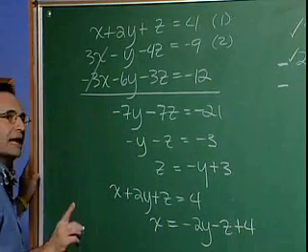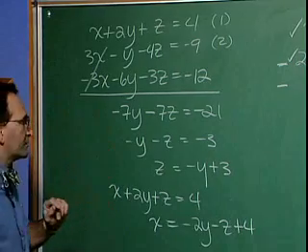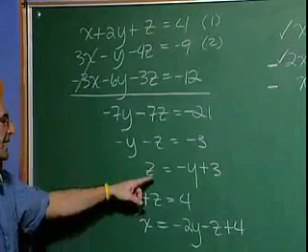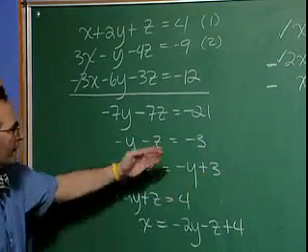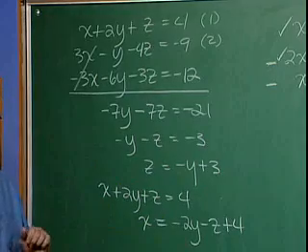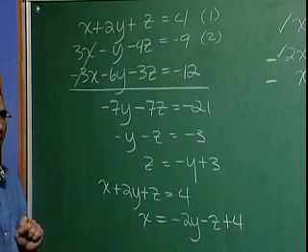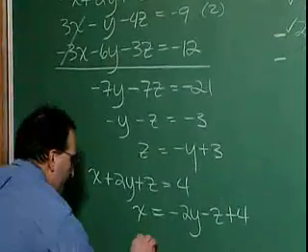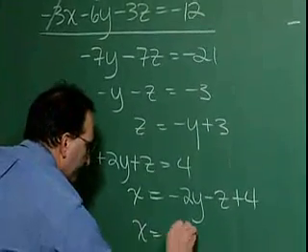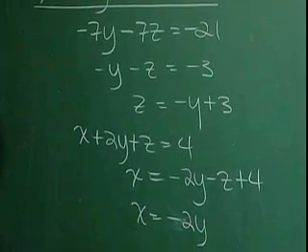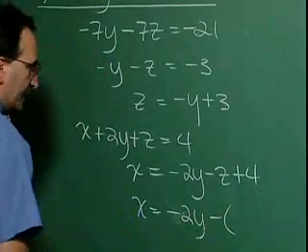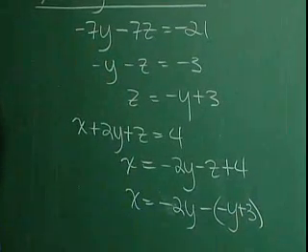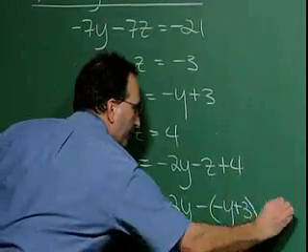And then what I'm going to do is make a substitution, because we can take this equation and plug it in here to figure out what x is equal to. So now x is going to be equal to -2y minus z, which is -y plus 3, plus the 4.